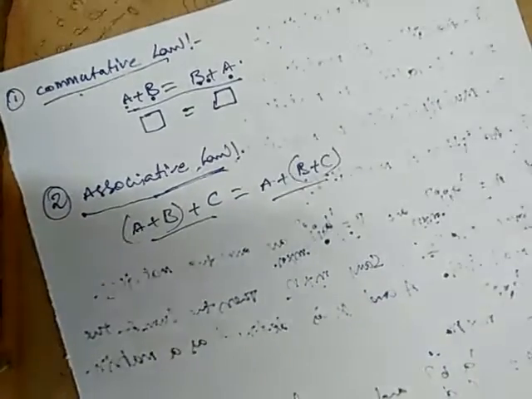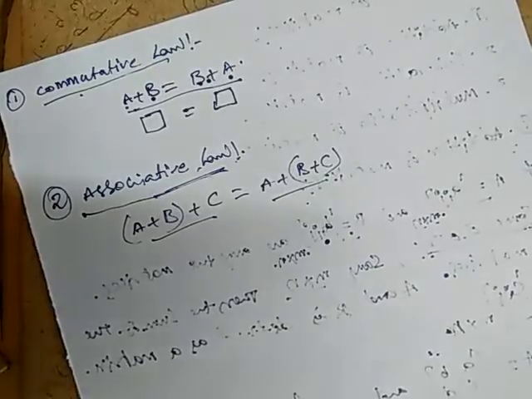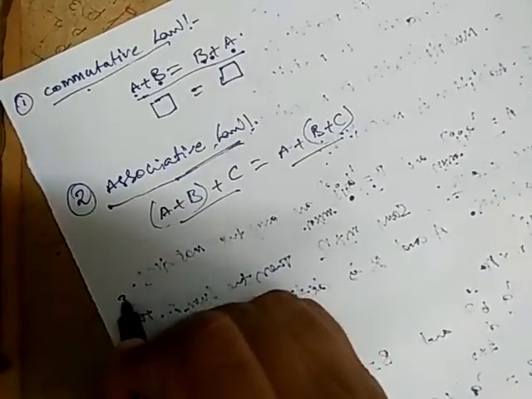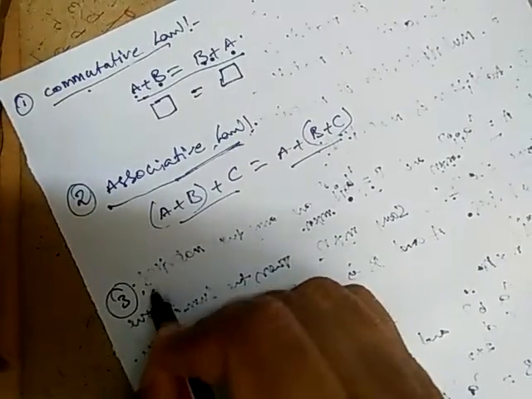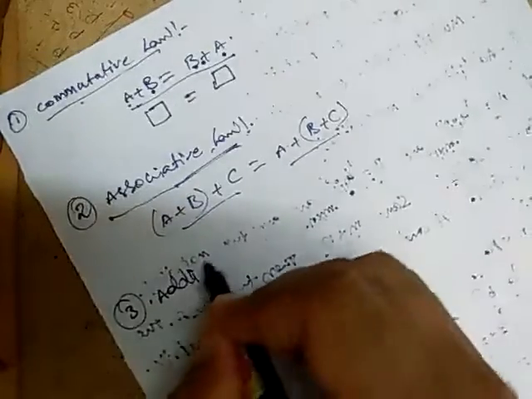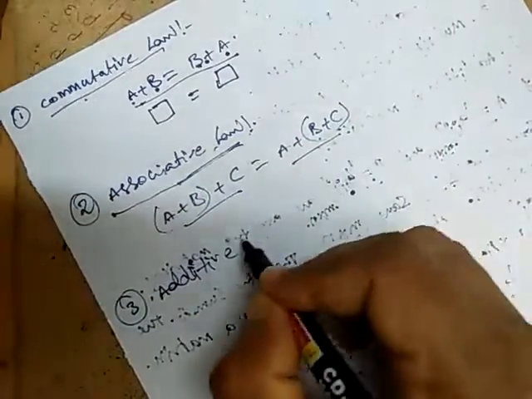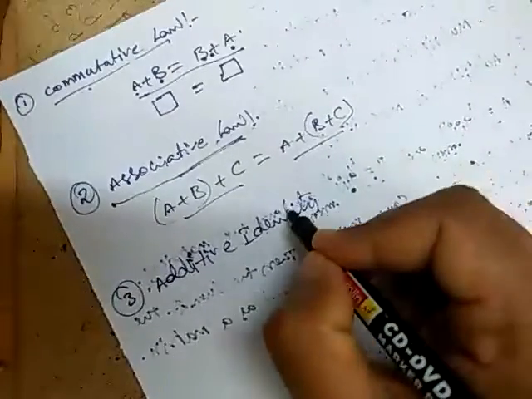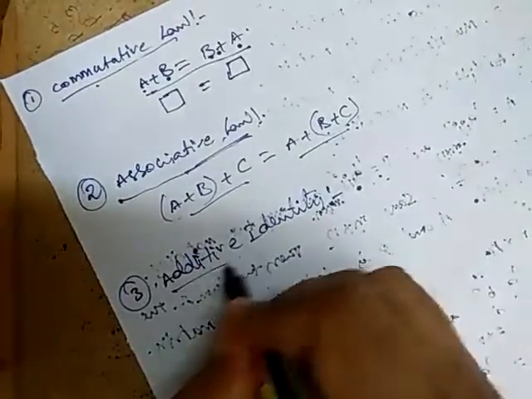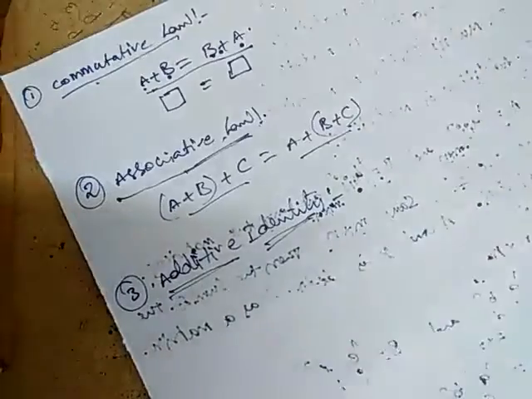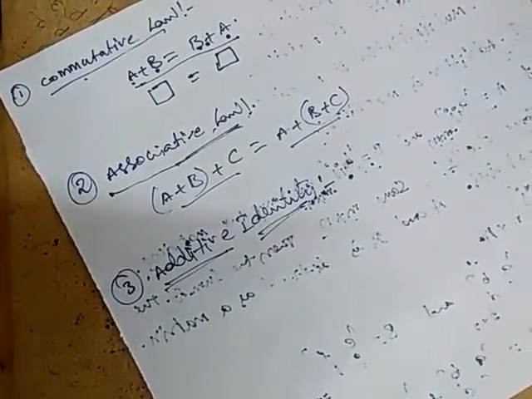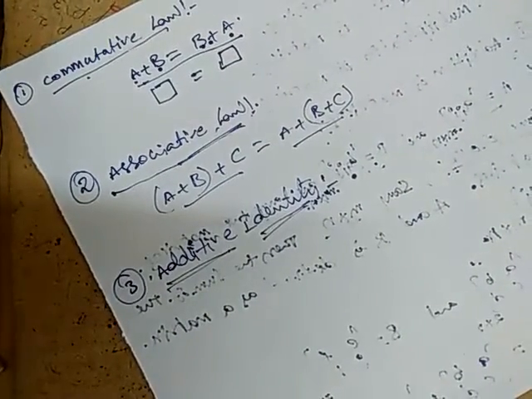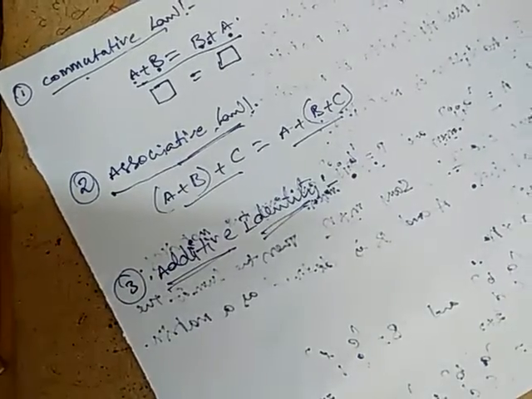Next, a very important property: the existence of additive identity. Third one, additive identity for matrix addition.